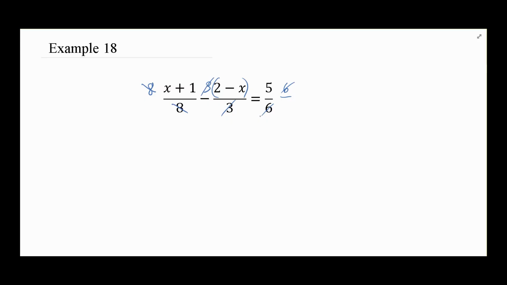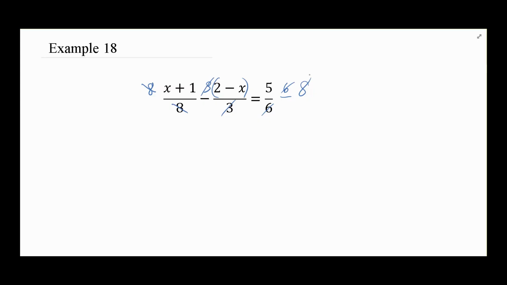But the idea is there to say, well, it sure would be nice if I had 8 to get rid of the 8 there. I could legally do that if I also multiplied the other side of the equation by 8. That would work. And similarly, putting that 3 in the middle would have worked if I had multiplied both sides of the entire equation by 3.